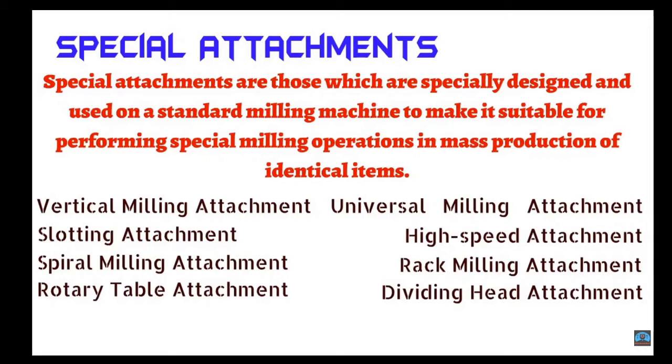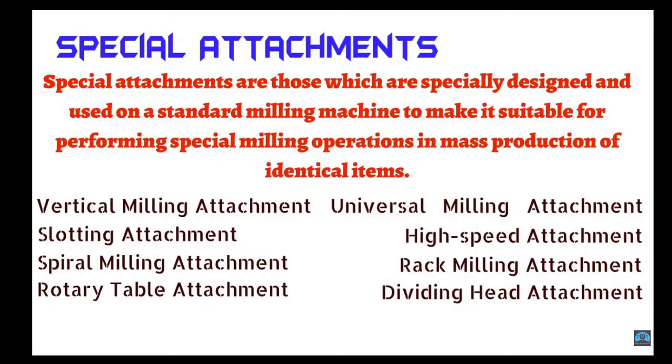Special attachments are used for performing specific operations in a milling machine and they can be used for mass production of identical parts. As the name implies, special attachments are used for special milling operations. Special attachments are usually used on standard milling machines such as column and knee type milling machine.